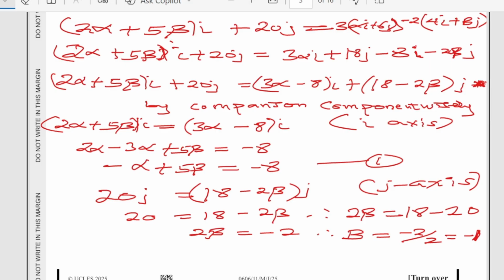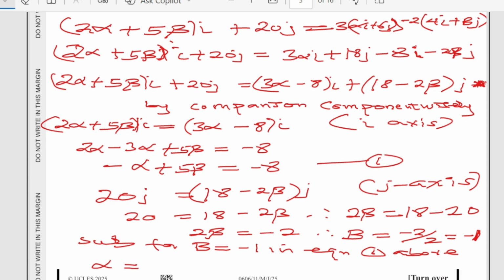Then to get alpha, I will have to substitute beta equal to minus 1 in equation 1 above. So substitute for beta as equal to minus 1 there. Then I can write equation 1 in positive form. Since I'm looking for alpha, I can write it making alpha the subject of the formula here. This is alpha. When we take alpha to the other side, it becomes positive.